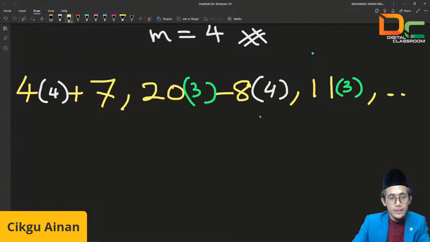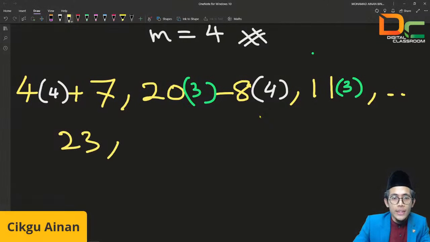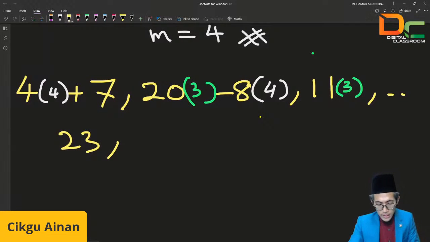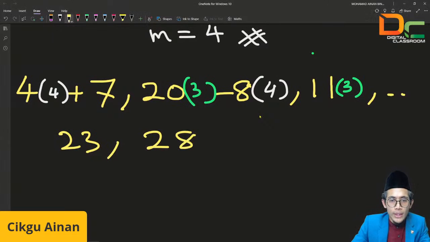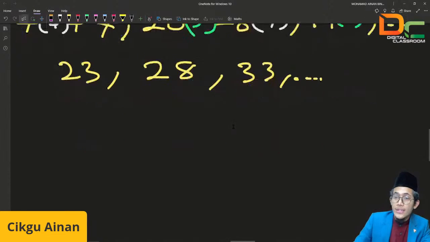So we get 16 plus 7 is 23, 23, then 28, and this one is 33, and so on. So this is the sequence.